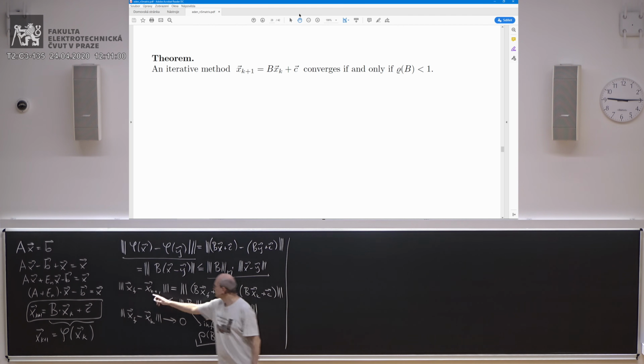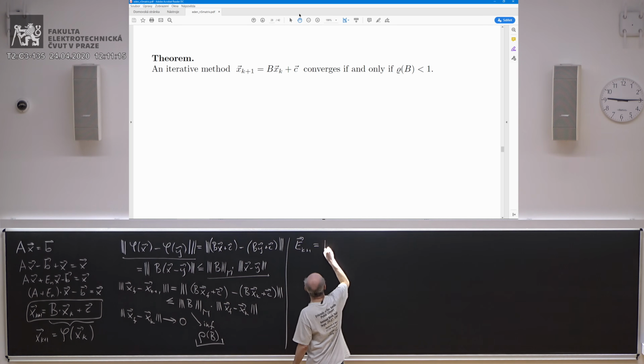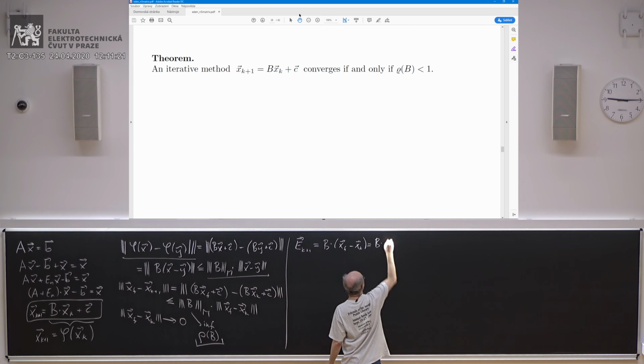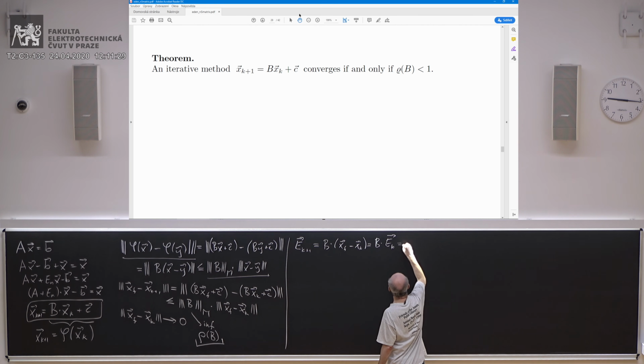And I will start here, but I will look at this error without the norm. I will look at it directly. So what is the error? Which is actually a vector. It's a difference of vectors. I will follow through this calculation, and I will get B times x_f minus x_k, which is B times e_k, the kth error. And I look at it and I say, wow, this looks nice. Why don't I make another step?